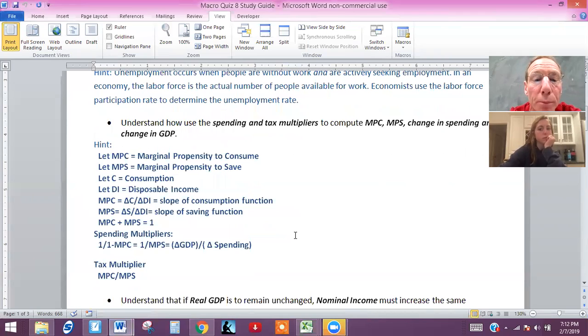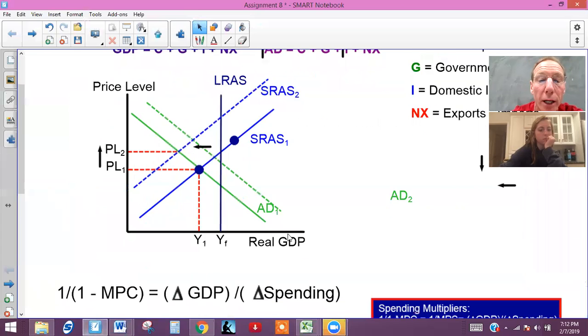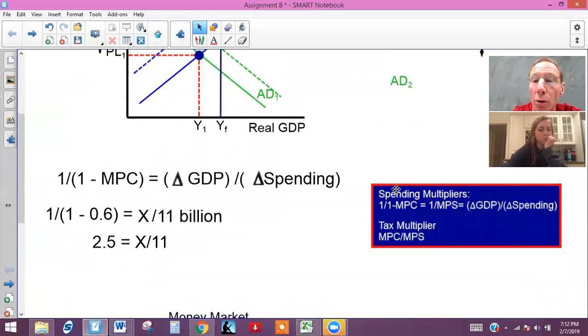However, you're going to be given problems where you need to figure out whatever variable you don't have. So, for example, if you really know this relationship right here, you'll be fine. Say you get a problem where they say the marginal propensity to consume is 0.6, which means consumers are spending 60% of their income and saving 40%.